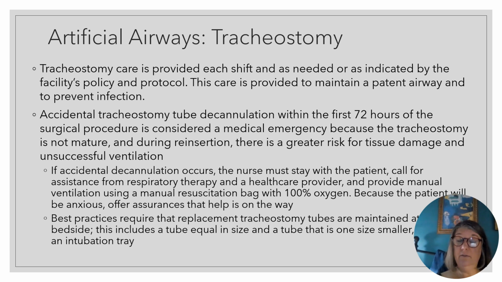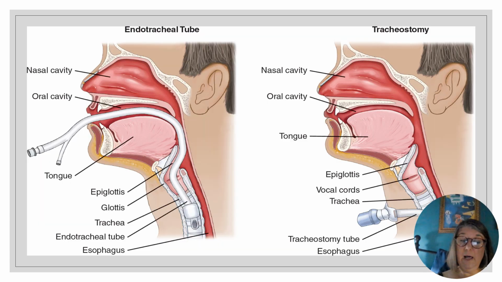At the bedside of our trach patient, you keep not only a tracheostomy tube in the same size that your person has, but also one in a lower size, a step down. Because if that trach comes out and we can't get the same size back in, sometimes it's easier to get one smaller back in. All right, so that should always be at your bedside. Your respiratory therapist is going to make sure that that happens.